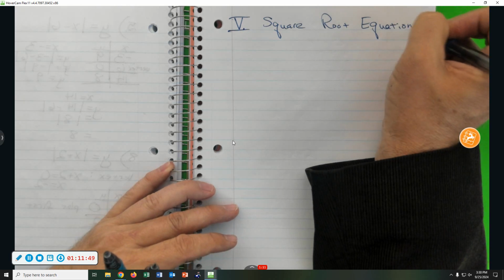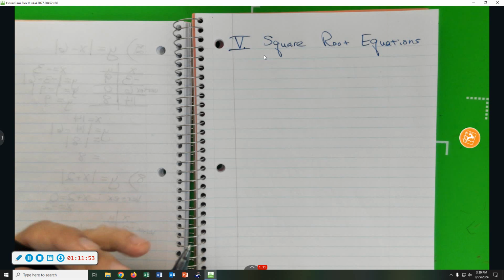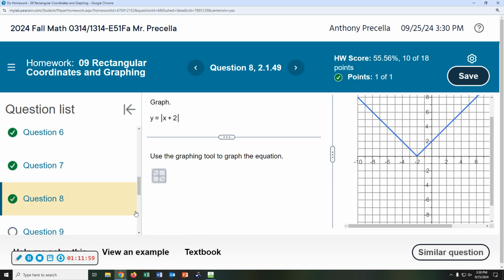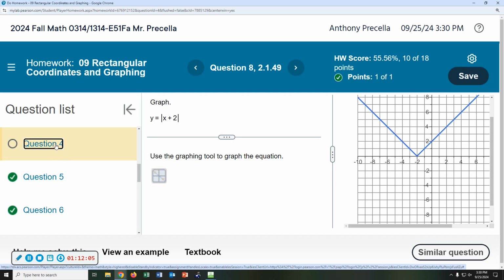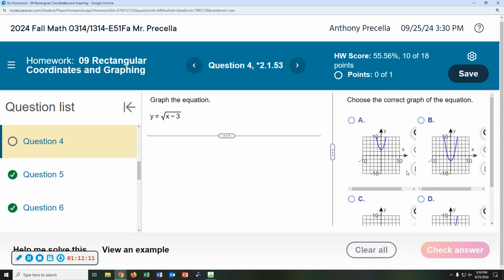I'm going to look through some other books and see if I can find it. We don't have a square root tool for graphing square root expressions built into this course. I need to look and see if I can find it in another MyLab course. And so it's just multiple choice, so it's not nearly as fun.